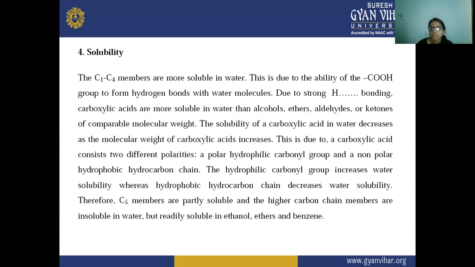And this is because the carboxylic acid consists of two different polarities: a polar hydrophilic carbonyl group and a non-polar hydrophobic hydrocarbon chain. As I have told you, they have a hydrophobic hydrocarbon chain, meaning the alkyl group that is attached to this carboxylic acid. So they have two different polarities.